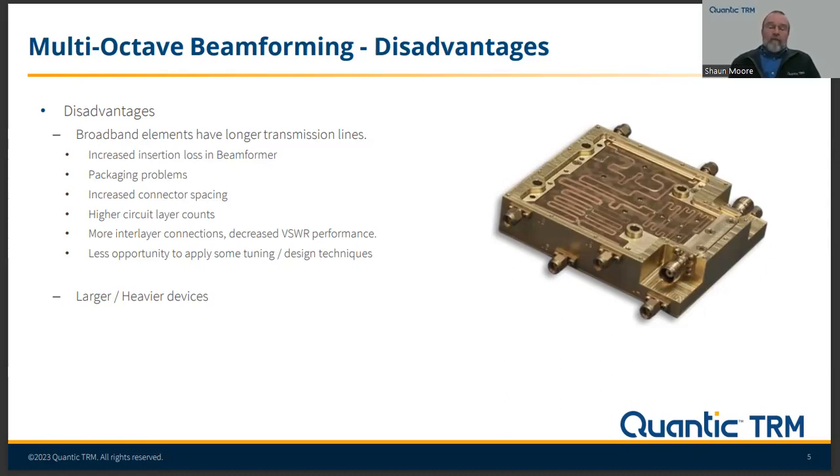So whereas it can be good in certain applications to go with a multi-octave beamformer, and sometimes you have to because of the bandwidth of the data you're looking at, or because the aperture requires that much bandwidth, always realize that bigger is not always better, and more bandwidth is not always better for the overall system performance. We have to bounce those off each other and make sure that what we're looking at makes sense for the overall system.